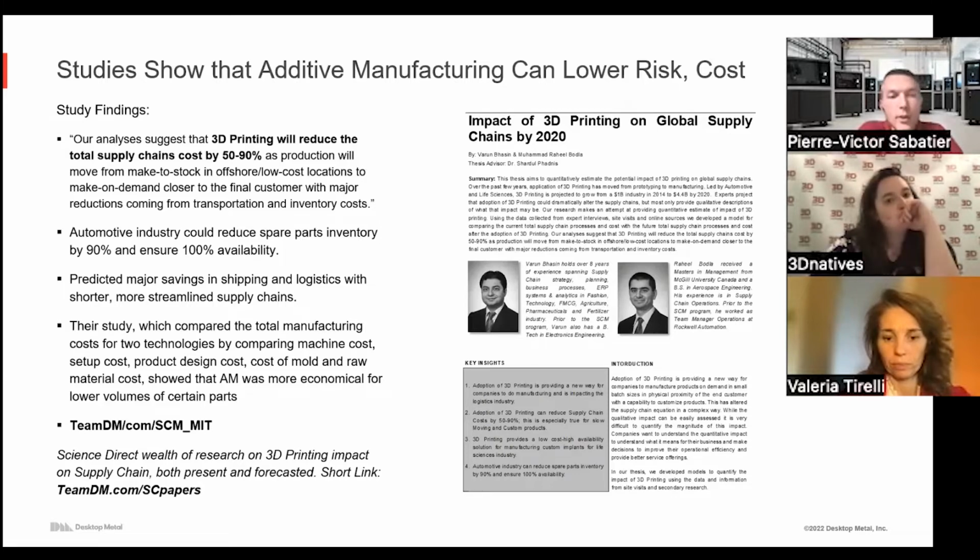Here it's just to give some examples. The first one, I wanted to highlight the fact that it's proven now. It's not a guess, it's not a bet that additive manufacturing will change the supply chain and the way we produce products. We have studies everywhere, and here you can see just one of them.